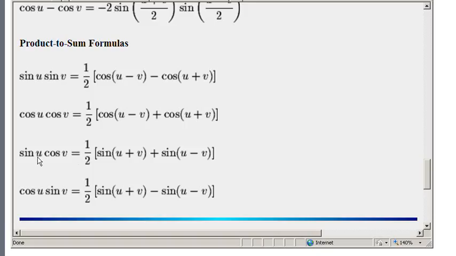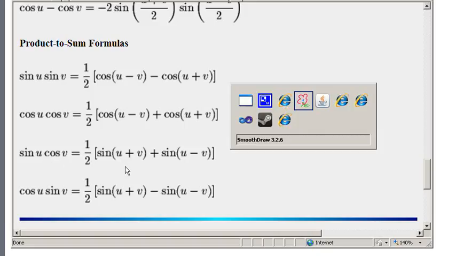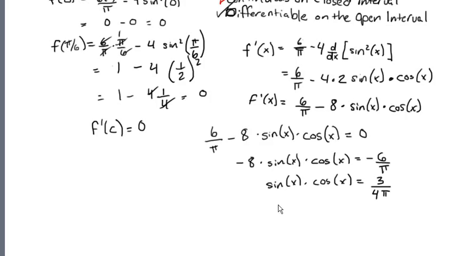If u is x and v is x, then sine of x minus x is sine of 0, so that's going to cancel, and I'm just going to be left with 1/2 sine of x plus x, which is just 2x. So sine of x times cosine of x is the same thing as 1/2 sine of 2x equals 3 over 4 pi.